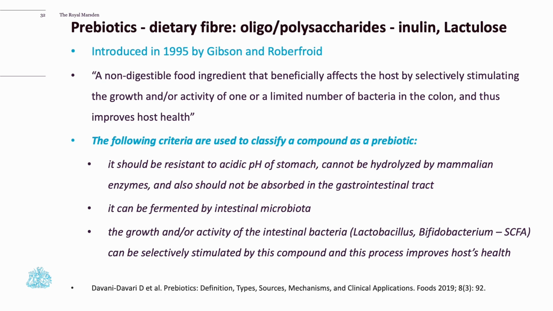The prebiotic should be resistant to the pH in the stomach, can't be hydrolyzed by the enzymes, should not be absorbed in the proximal gastrointestinal tract, then it can be fermented by the intestinal bacteria, and then the growth and/or activity of intestinal bacteria can be selectively stimulated. For example, if we give lactulose, it stimulates the lactobacilli, or Faecalibacterium, then it produces butyrate, which is beneficial for the individual.